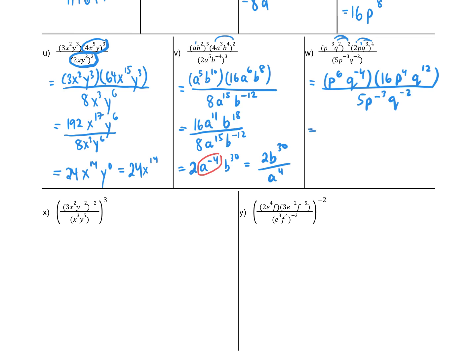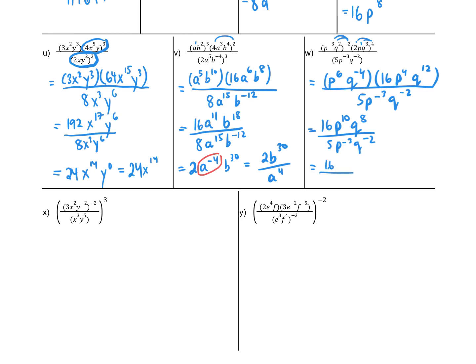Now, once again, I'll multiply my numerators. So 16, and then p's, add the exponents. 6 plus 4 is 10. For the q's, negative 4 plus 12 is 8. All over that denominator. And now we can finally do our quotient rule. And this time, I'm going to think a little bit more carefully about how I should subtract my terms.